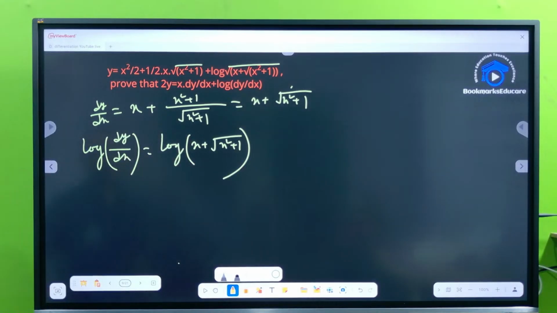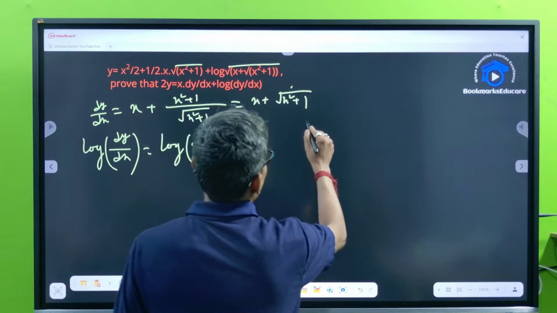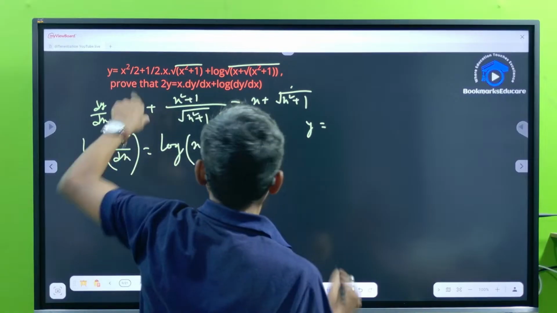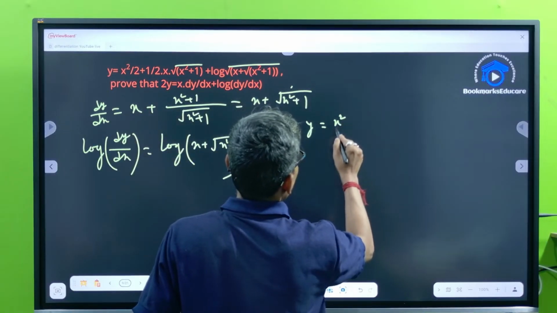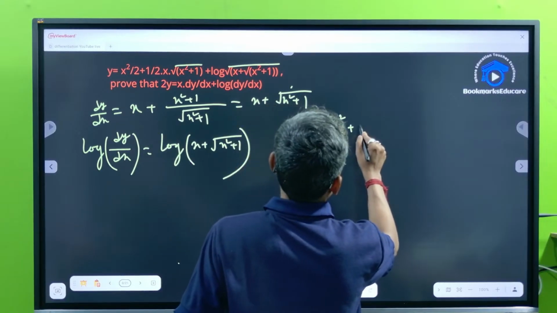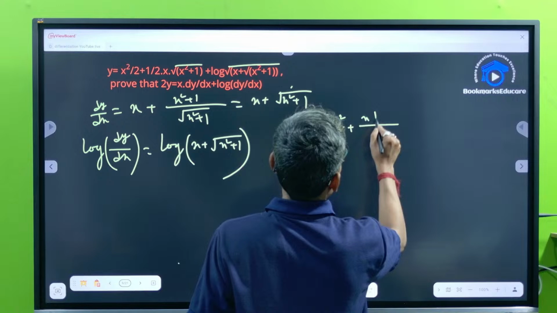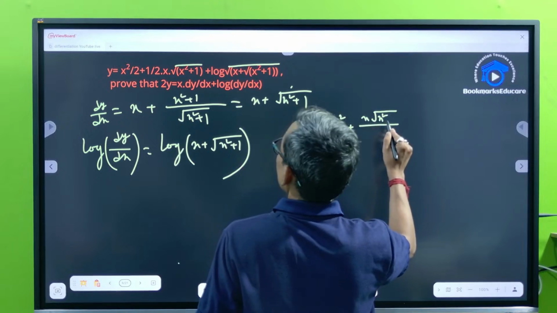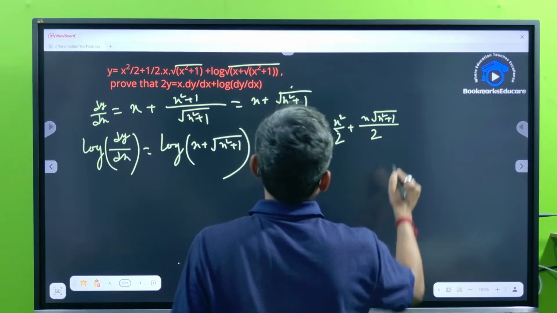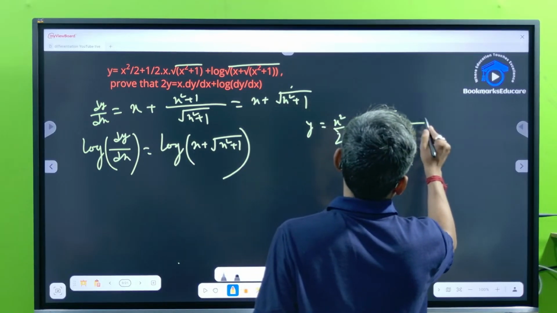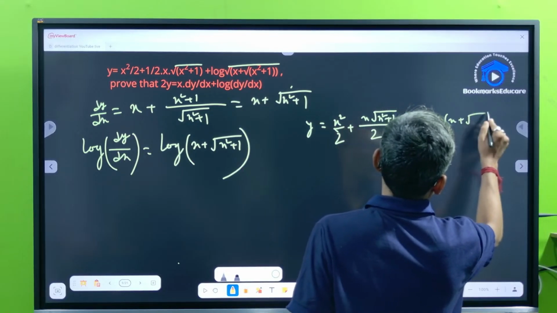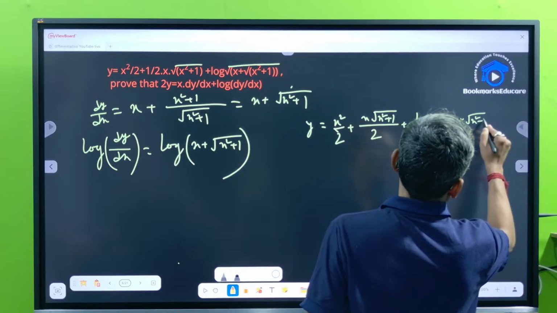So now I am writing the sum again: y is equal to x square by 2 plus x into root over of x square plus 1 by 2 plus half into log of x plus root over of x square plus 1.